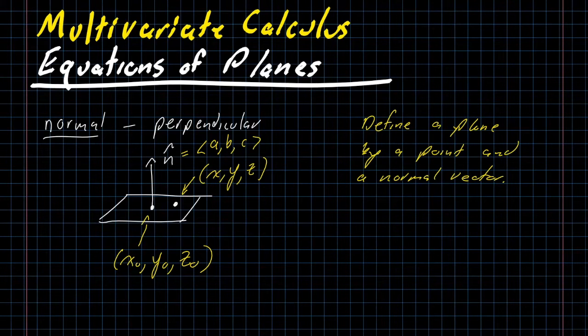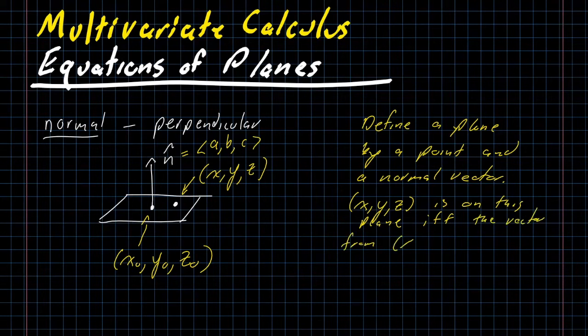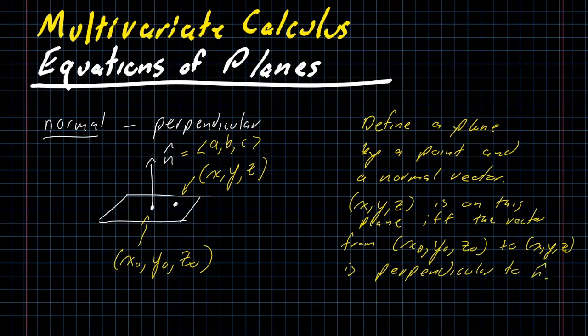For any other point x, y, z, the only way for x, y, z to be on this plane is if the vector from x naught, y naught, z naught, the point that we already know about, to x, y, z is perpendicular to n.